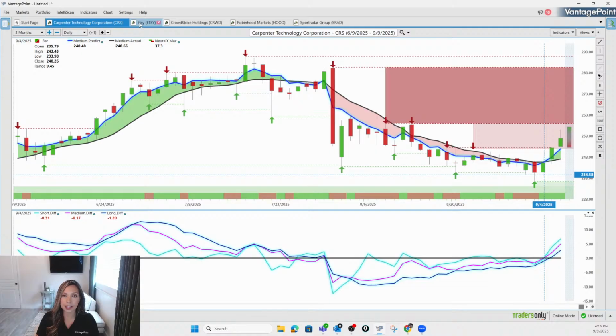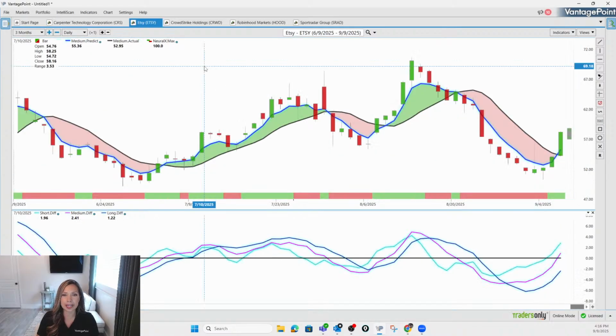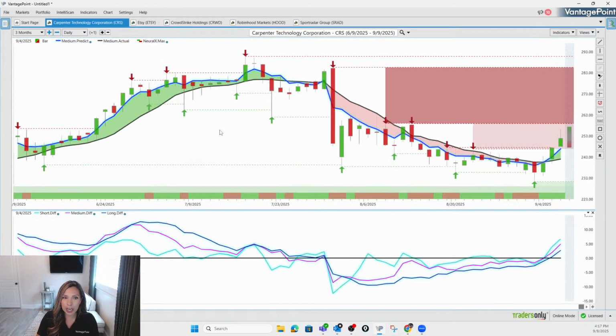So we're going to talk about strength here in just a moment. But let's go ahead and take a look at Etsy, right? Because we've got a chart that kind of comes up, comes down, comes up, comes down. And this is actually a great example of support and resistance being these primary pivot points within a trend. And so vitally important to be able to see those key pieces. So I'm just going to do a quick shortcut here for us.